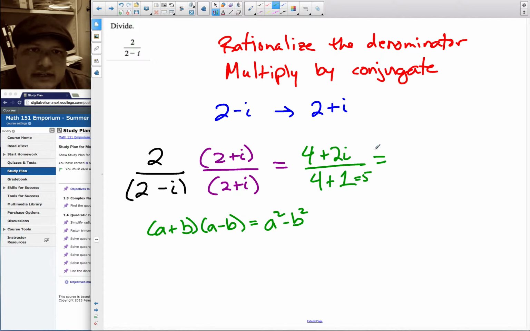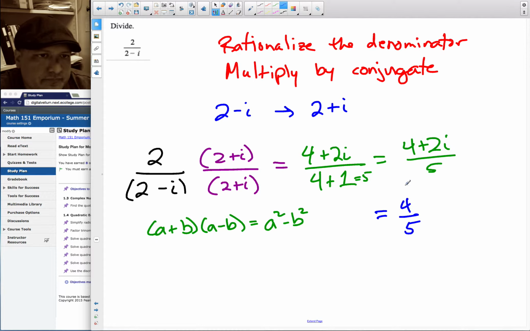Now remember, we have to write it in the form a plus bi. So you might write it like this, but I think MyMathLab will complain that that's the wrong answer. So what it wants is it wants a, the real part, plus the imaginary part, like that.